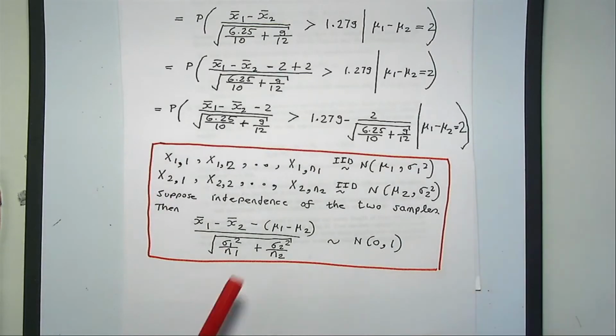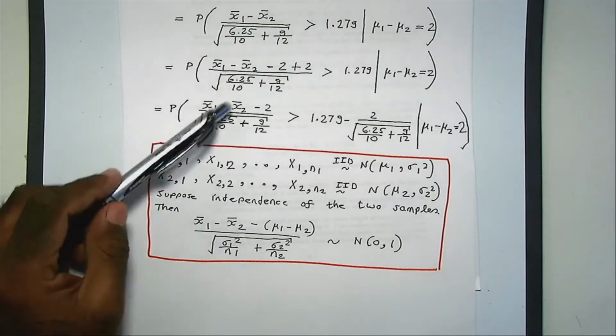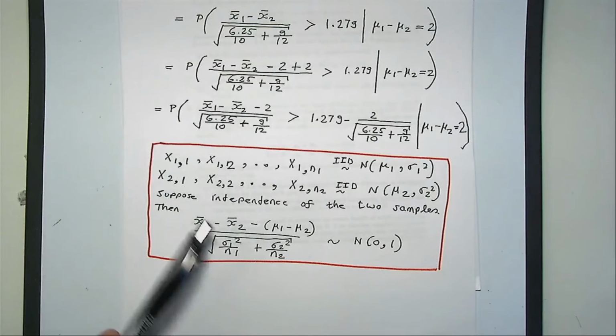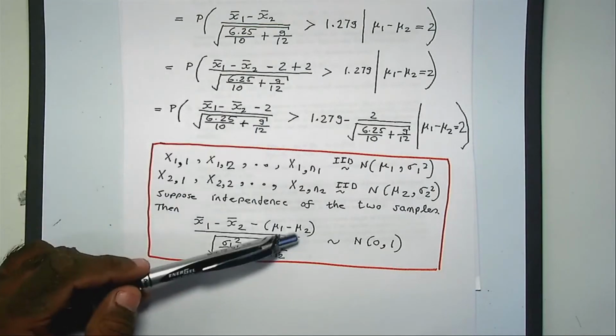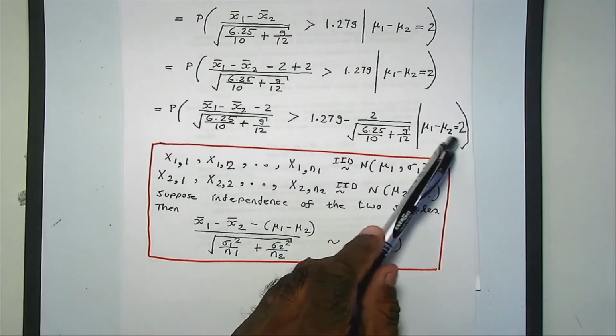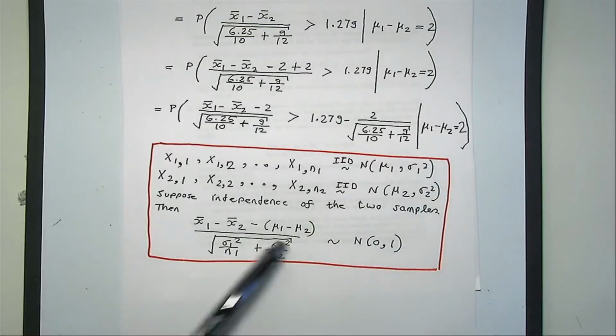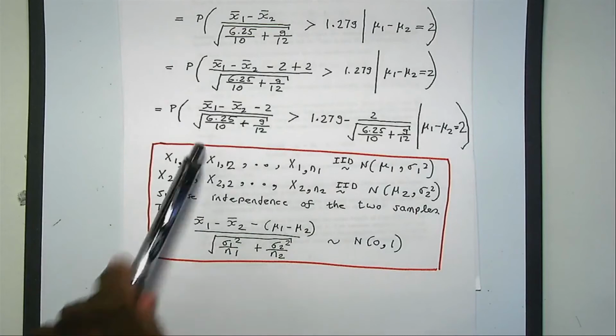So the reason I have mentioned this property is because I'm going to use it over here. What you have here is exactly this form. You have x bar 1 minus x bar 2 minus the difference in the two population means, which is 2, right? Divided by this term here, which is exactly this, right?